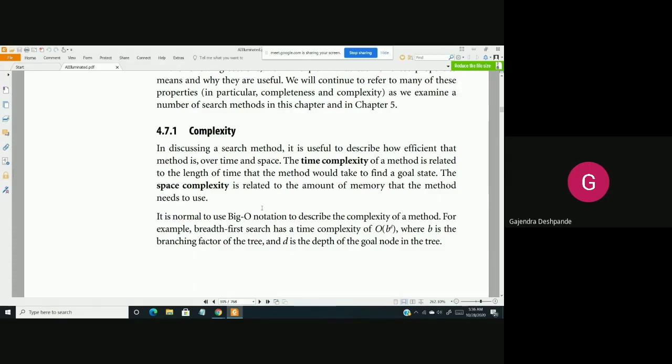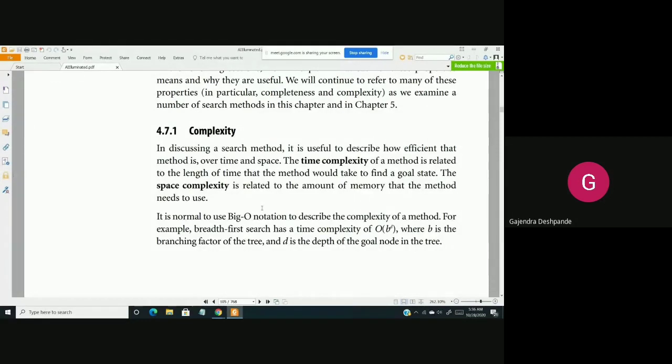But now you have big data technologies, which allow you to store data in terms of terabytes and also process the information. So you do not have to worry much about space complexity. But the thing which we will still worry about is time complexity.